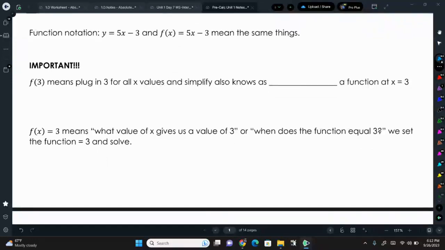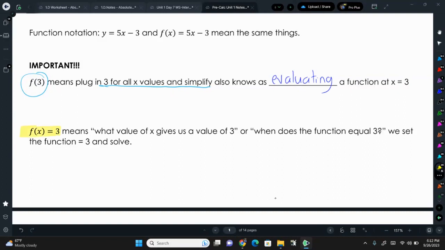Now with function notation, f of 3 means plug in 3 for all x values and simplify. It's also known as evaluating a function at x equals 3.